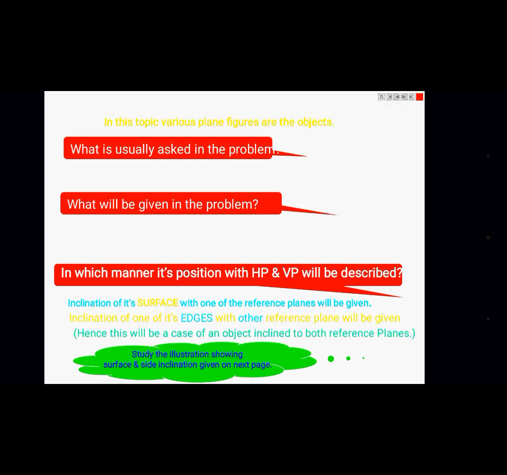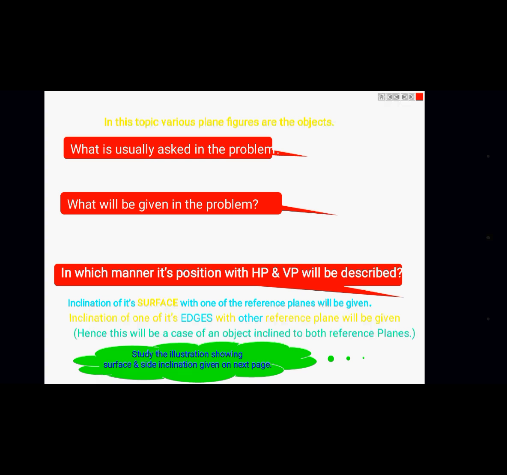So coming to category 1, HP resting, in the second step, the surface of the lamina will be inclined with respect to HP angle. For example, if the surface of the lamina is tilted and makes an angle of 30 degree to HP, what happens in the second step? If it is an edge resting lamina, the left edge of the lamina will be held, and the lamina will be rotated at an angle of 30 degree from right side in anti-clock direction.